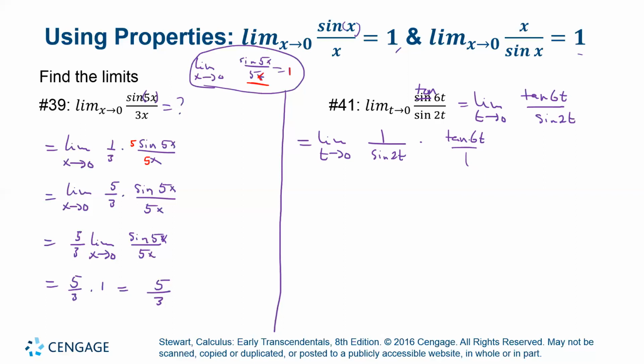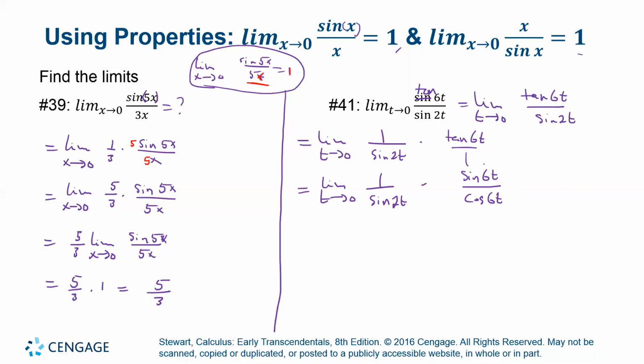Now, I know that tangent is sine over cosine, okay? So let's introduce that. So this is equal to the limit t goes to 0, 1 over sine 2t, times sine 6t over cosine 6t.